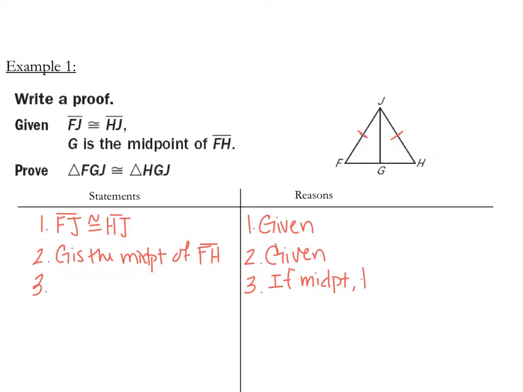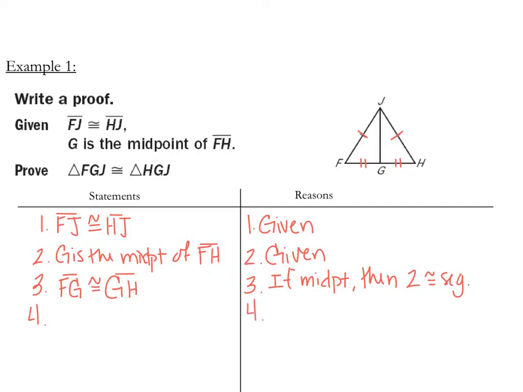If midpoint, then, and if you remember the definition, it says two congruent segments. So I look at my picture and what two congruent segments are they? Well, that would be FG and GH, if G is the midpoint of FH. Now, the two congruent segments are what I put for my statement. FG is congruent to GH.